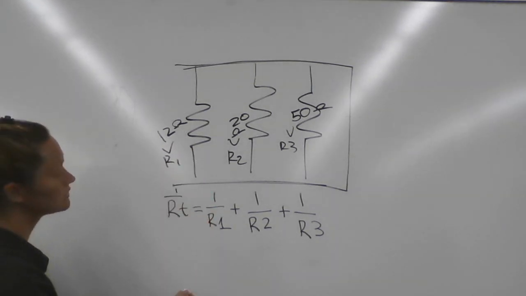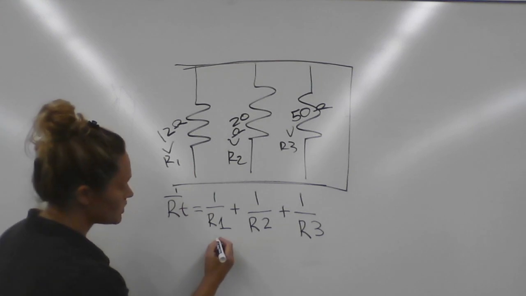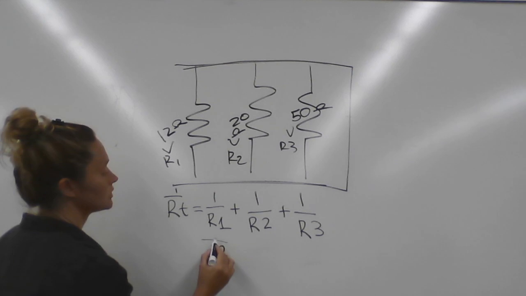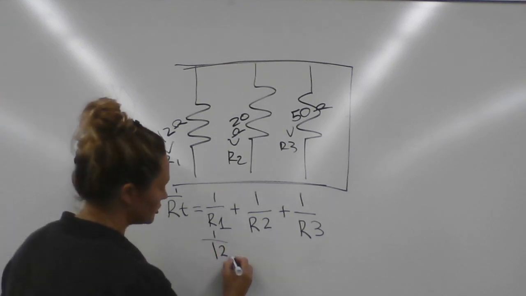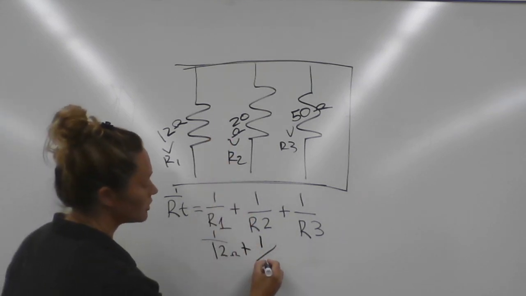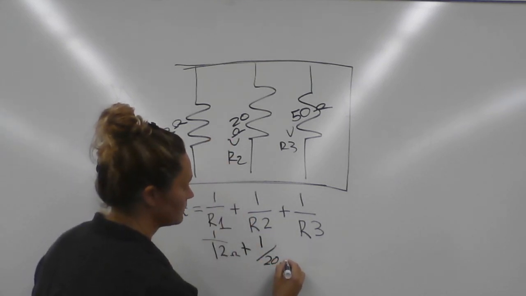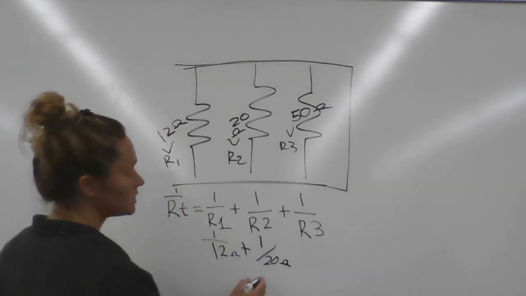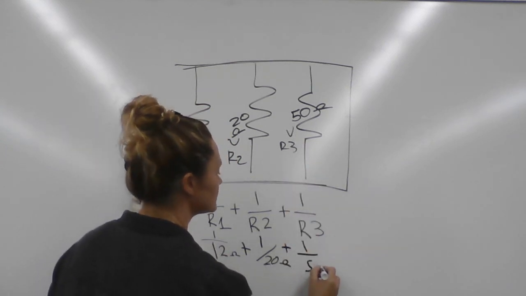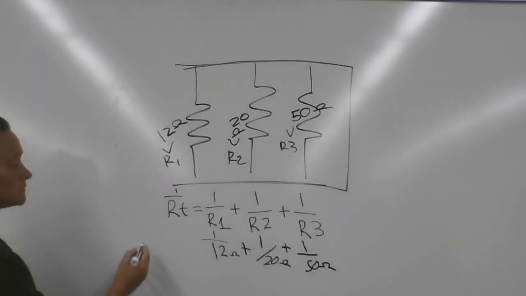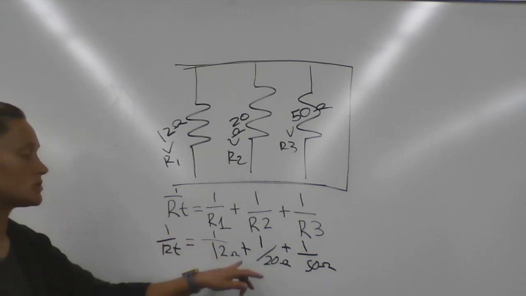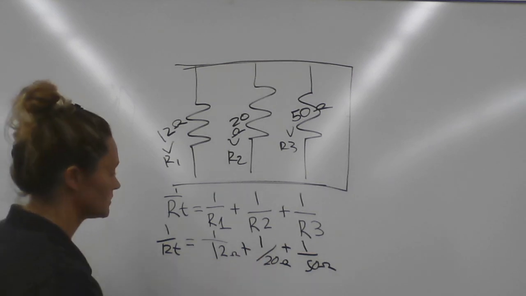So our resistor 1 is 12 ohms, 1 over 12 ohms, plus 1 over resistor 2, which is 20 ohms, plus 1 over resistor 3, which is 50 ohms. So 1 over RT equals 1 over 12 ohms plus 1 over 20 ohms plus 1 over 50 ohms, okay?